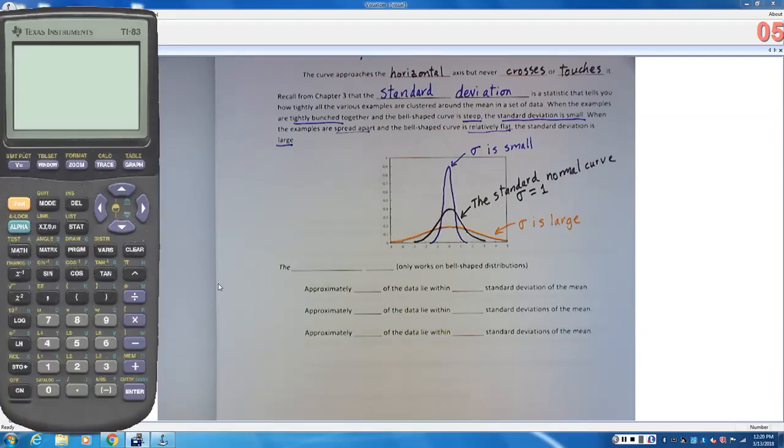And so for most measurements, if you made a histogram with them and normalized it and smoothed it out and drew a curve, it would be a normal distribution. Most measurements are like that.